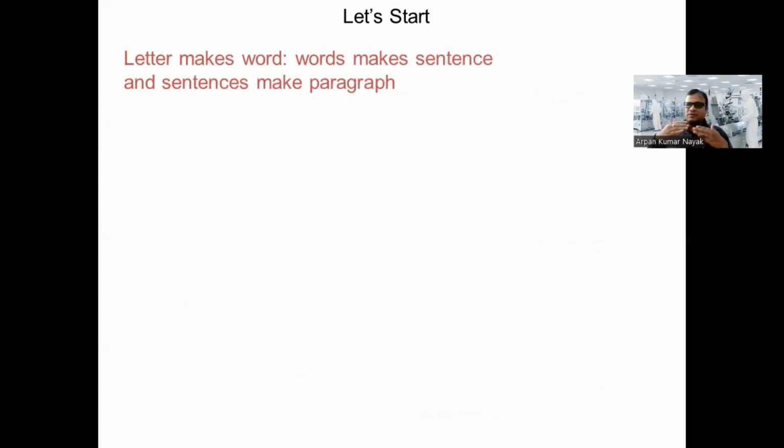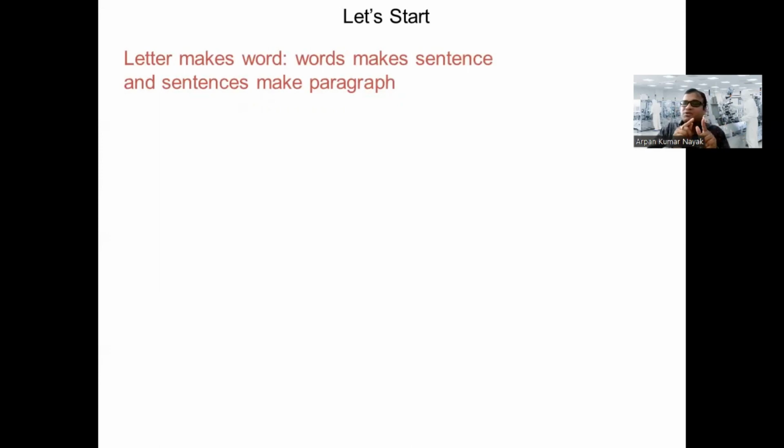So by taking care of these initial points, we start to write a scientific research article. A research article means we have to write several paragraphs.